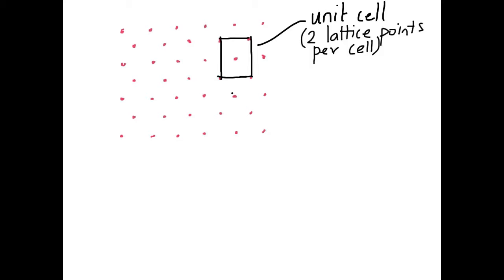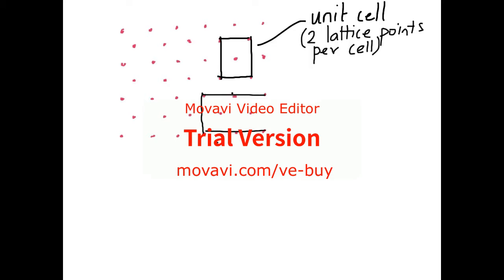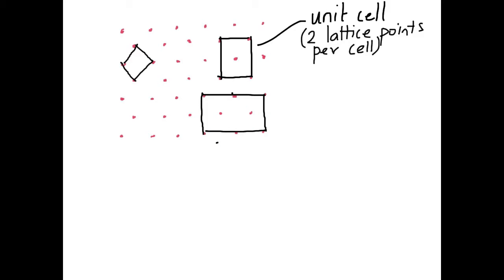Let me draw another example of a unit cell, and I leave it as an exercise to figure out how many lattice points this contains. Right? So this is another example. And here is another one which is very special because it contains exactly one lattice point per cell.